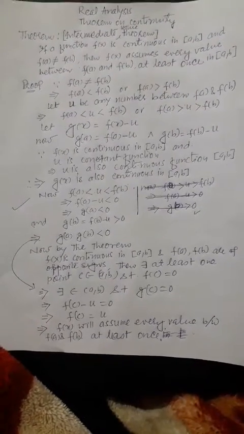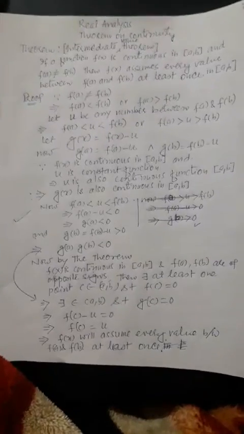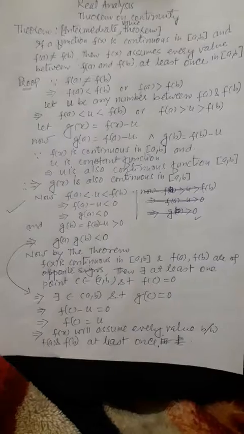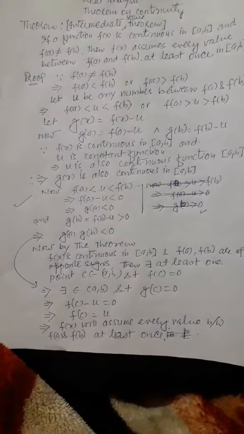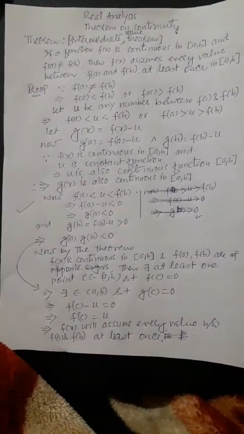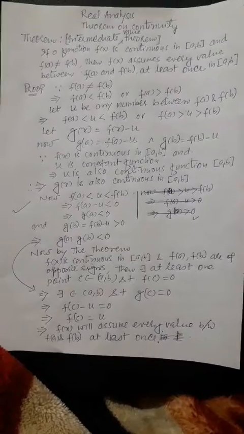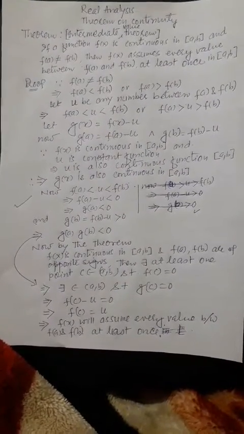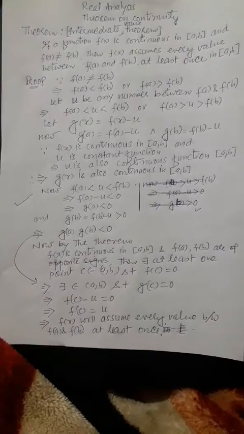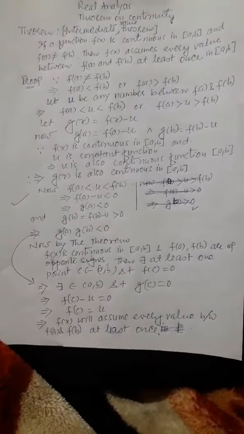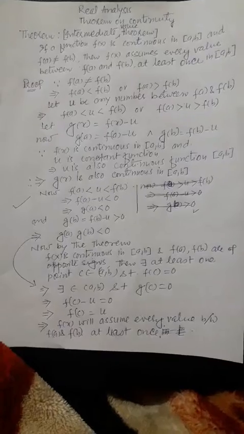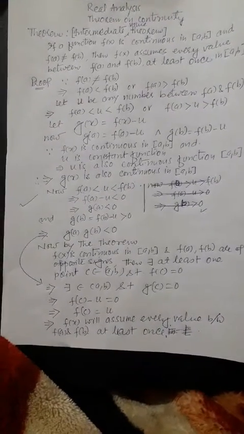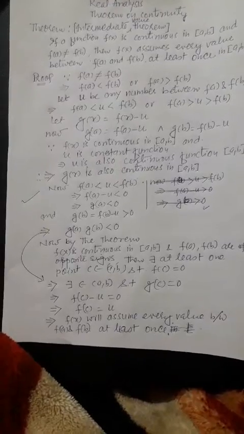So before proving this theorem, we should know meaning of every word. If function is continuous, it means you should be familiar about the continuity in closed interval [a, b], and f(a) means value of the function at a.